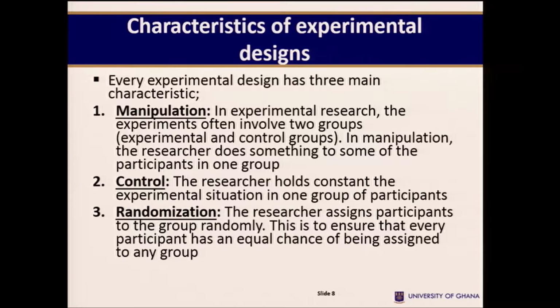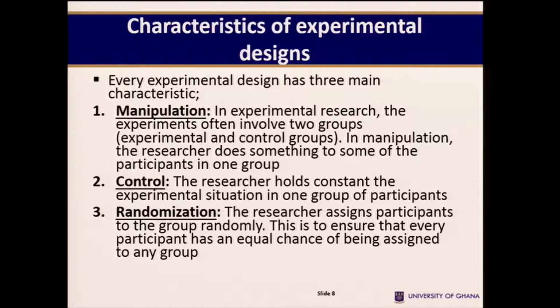Now let's look at the characteristics of experimental designs. There are three main characteristics of every experimental design. The first is manipulation. We mentioned in the definition that in experimental designs, something is manipulated.